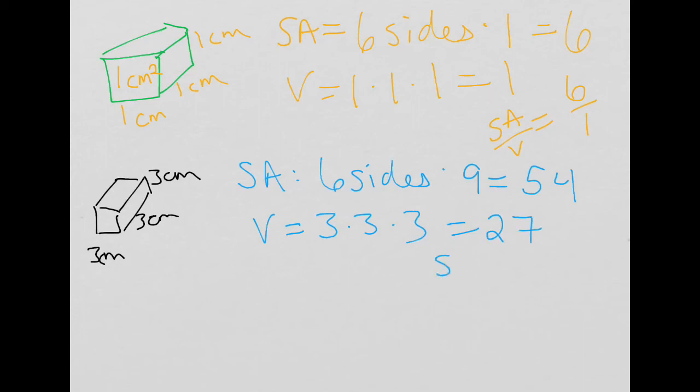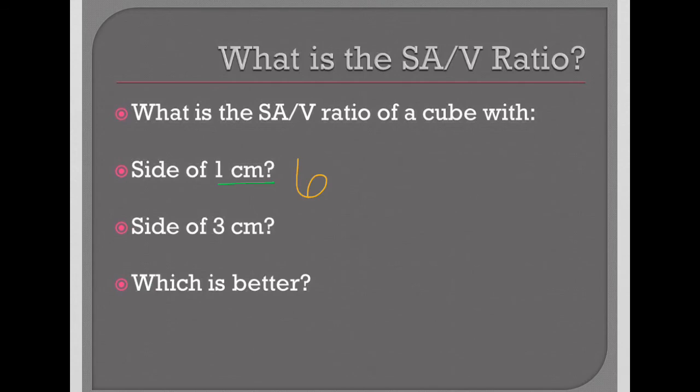And so our surface area to volume for this one is 54 divided by 27, which is 2. Okay, so in increasing the size of our cube, we got a smaller surface area to volume ratio. And as we said, we want a high surface area to volume ratio.